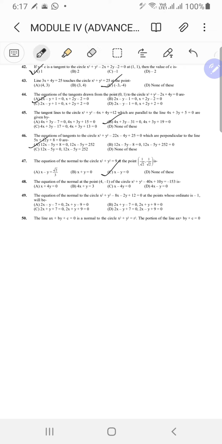So the next question, ouch. Equation of the normal. The equation of the normal to the circle x squared plus y squared minus 8x minus 2y plus 1 equal to 0 at the point whose ordinate is -1 will be. Right. So let's just put that in this. x squared plus 1 minus 8x plus 2 plus 1 is equal to 0.